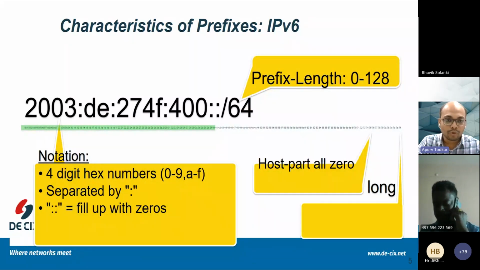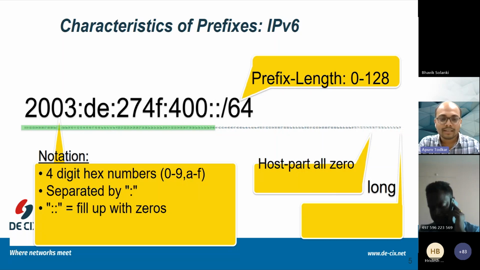So let's come to an IPv6 prefix. In an IPv6 prefix, the concept is very much the same. There is a network part and a host part, and the prefix length can essentially be of any value. However, in IPv6, you typically don't have a network smaller than a /64. A /64 network in IPv6 is considered a standard Ethernet network.